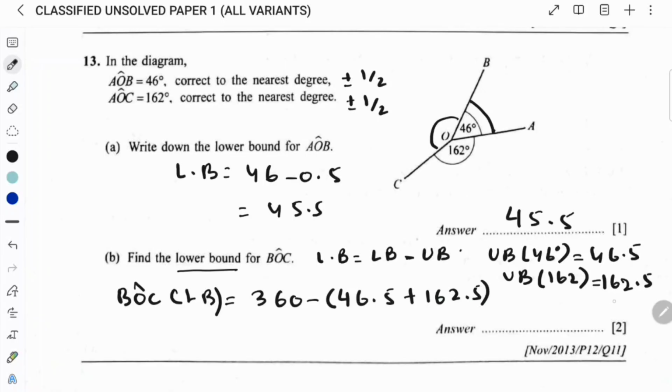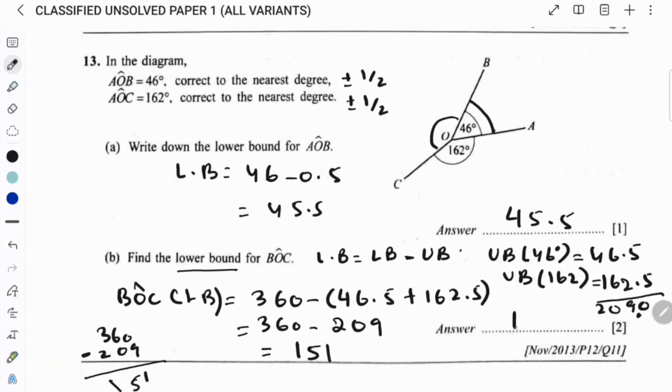Just add them together, that is equal to 209 point something. So that is 360 minus 209. Now you do 360 minus 209, so that is 151 degrees, the answer for this question.